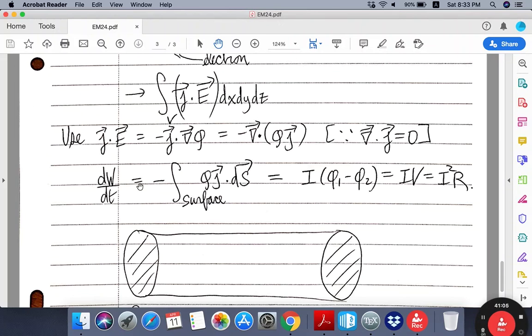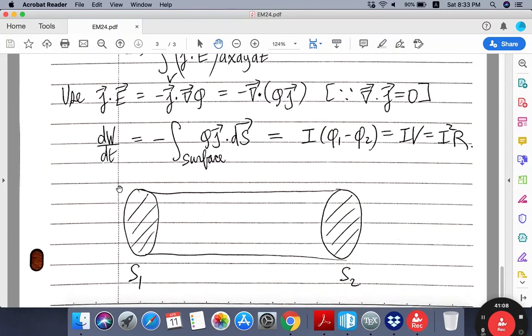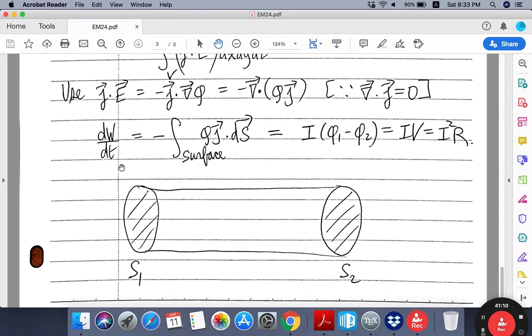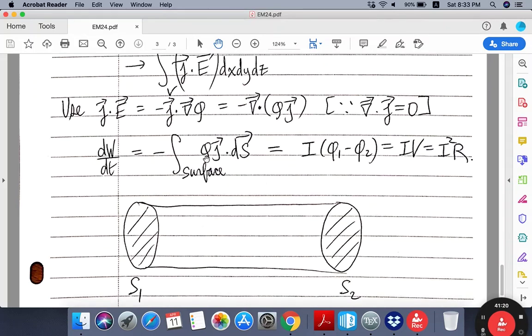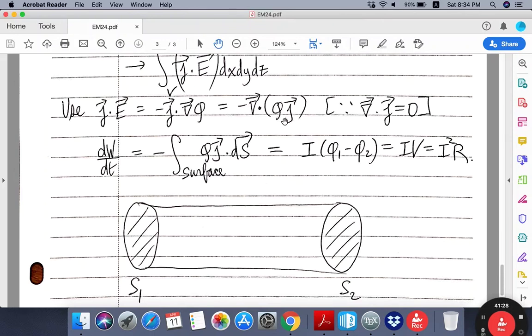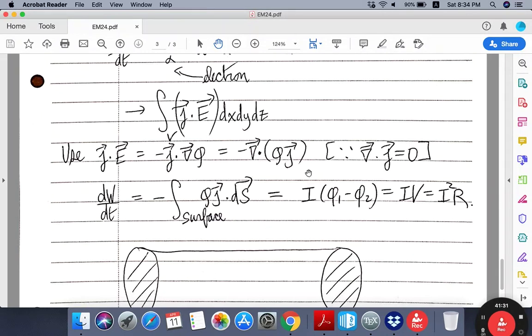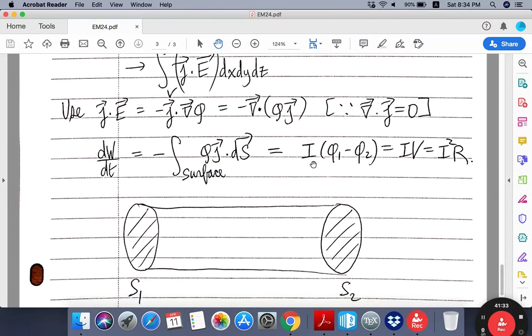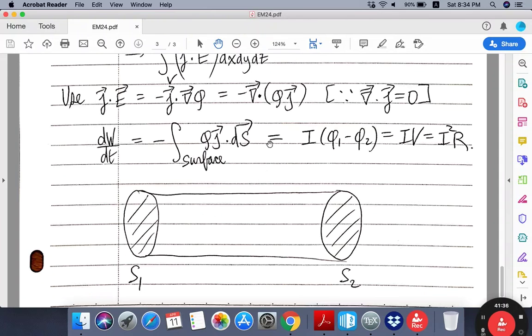Therefore, the rate of production of heat, as manifested by the power being exerted on the electrons which carry the current, is given by this surface integral, because one can use the Gauss theorem to convert the bulk integral of the divergence to the surface integral. The consequence would be this expression over here.